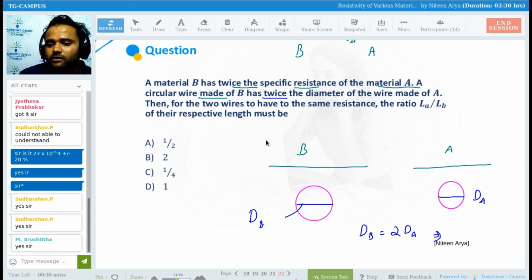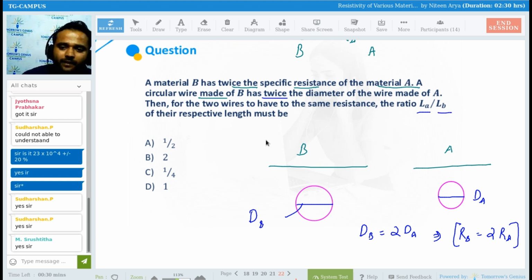What is the meaning of this? Radius of B is twice the radius of A. Why is the radius required? To find the area. Then LA by LB. Simple. Then the two wires have the same resistance.